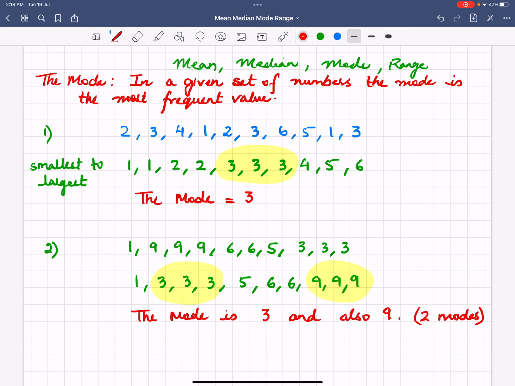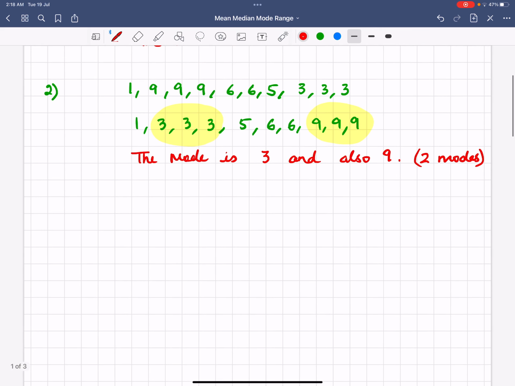Moving on to another example, let's try question number 3. I will write the numbers and you can try doing this question on your own. 10, 2, 6, 1, 5, 6, 5, 3, 5, 4, 3.